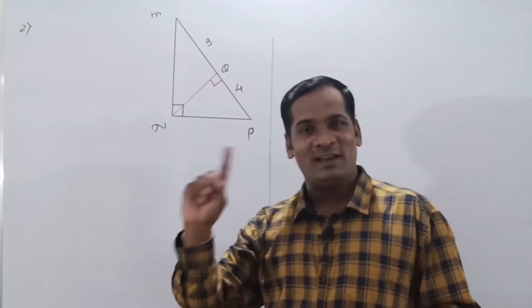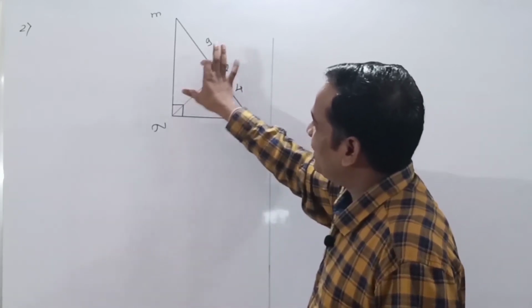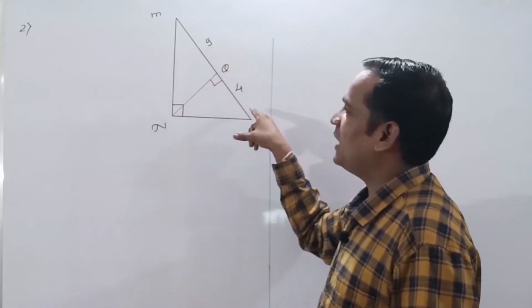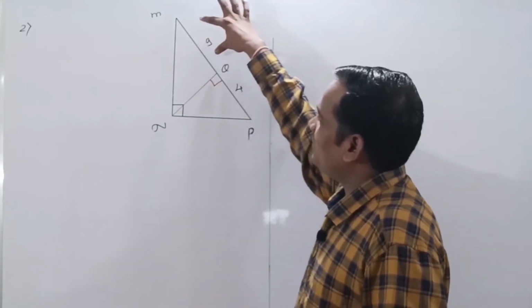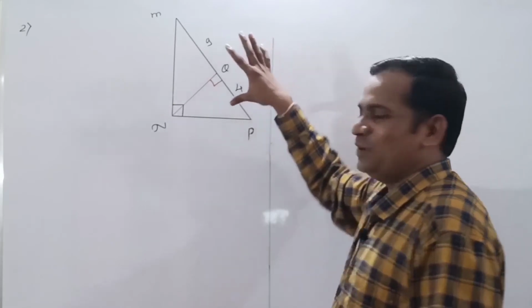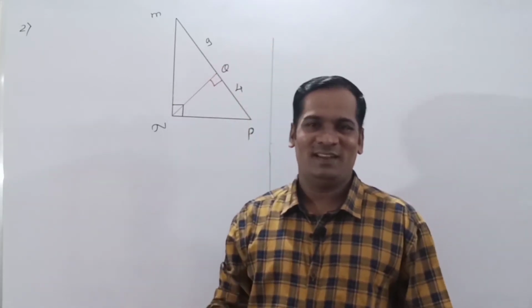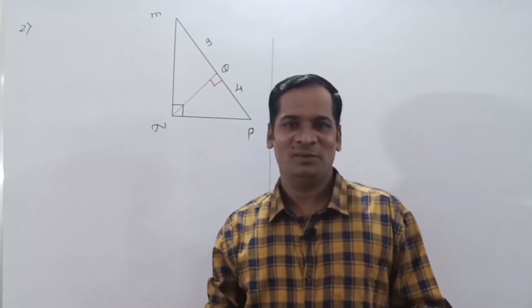And if you can remember, whenever this altitude, this segment NQ, is perpendicular to the hypotenuse, then this hypotenuse is divided in two segments like this. At that time we have to use which theorem? Can you remember? So this is the geometric mean theorem. Okay.